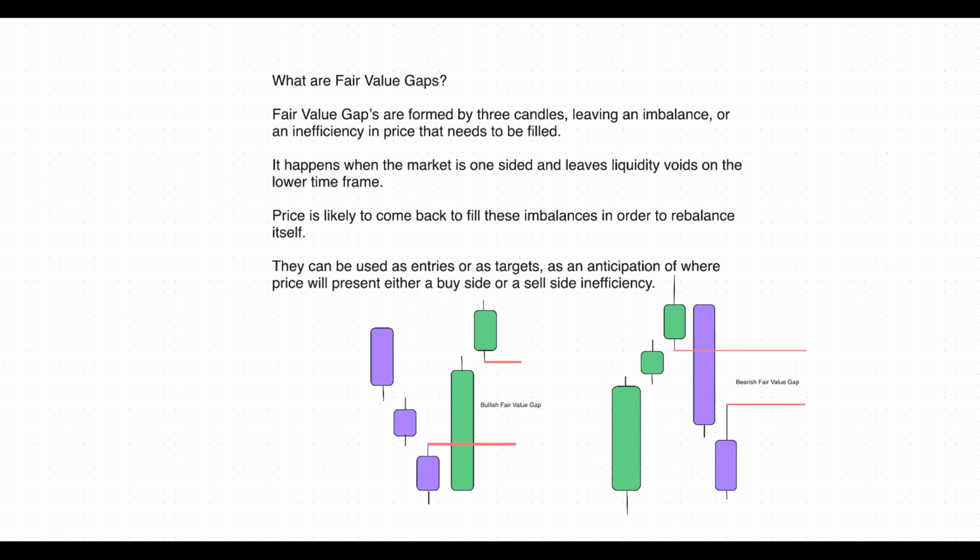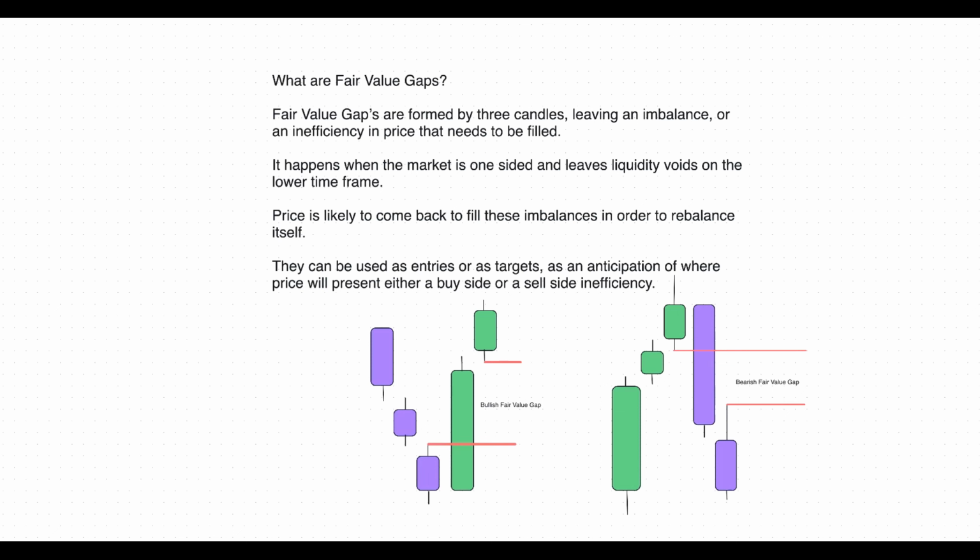And price does need to come back to at least 50% of that void to fill in and rebalance itself in order to move forward. So like I said, they can be used as entry or as targets, as an anticipation of where price will present either a buy side or a sell side inefficiency.